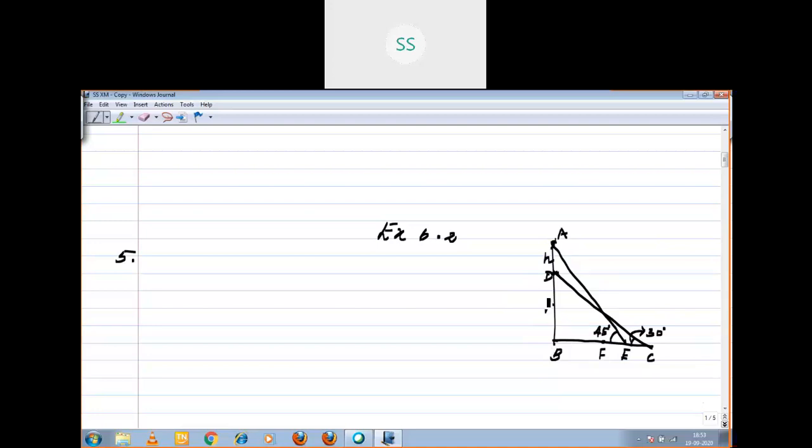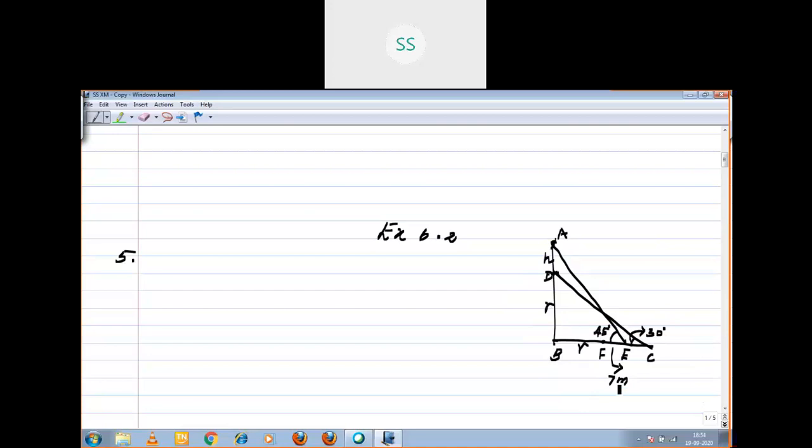So BD is R, which means BF is also R. Then 7 meter away from the dome, that means the distance between F and E is 7 meter, seeing the top of the pole at an angle 45 degree.